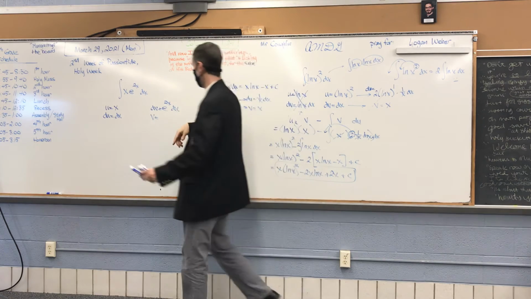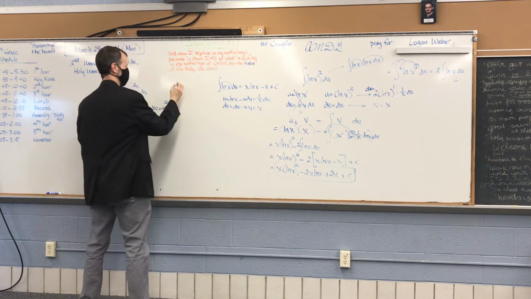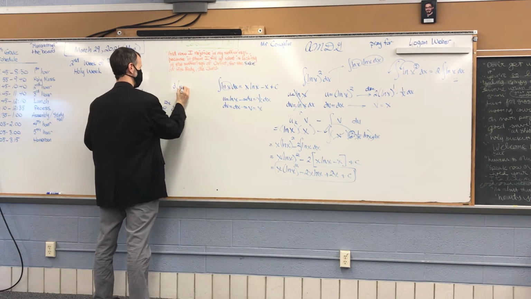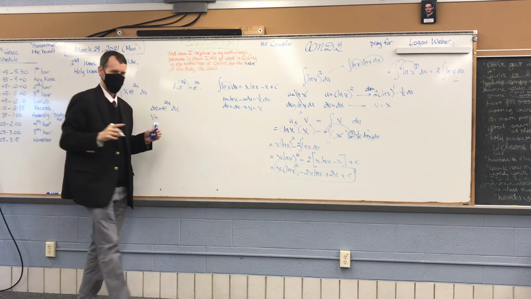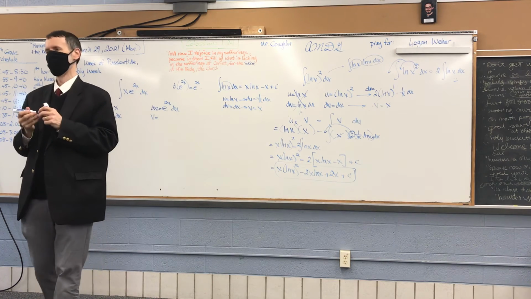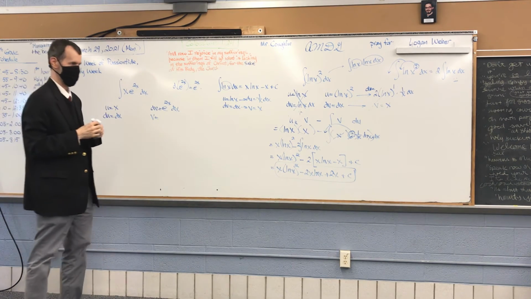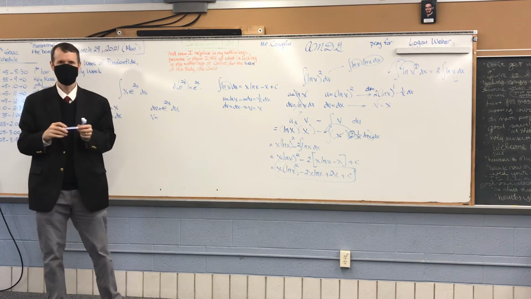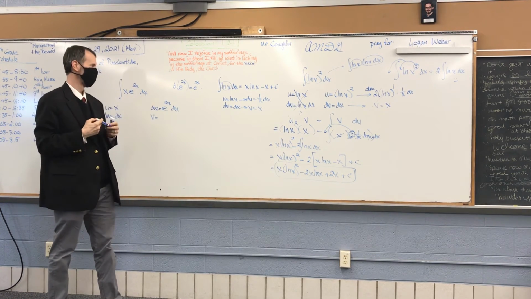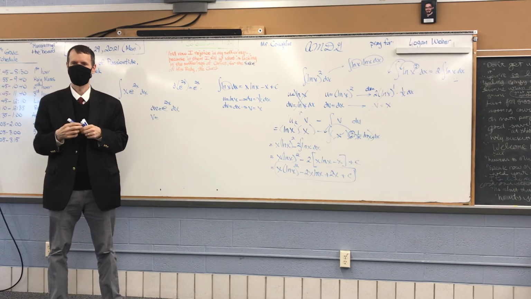e to the 2x. Oh, by the way, remind me, what's the derivative of e to the 2x? That's e to the 2x times dx. Or ln of 2x, chain rule. Ln is when you use weird bases. So e to the 2x times, oh shoot, what is it?